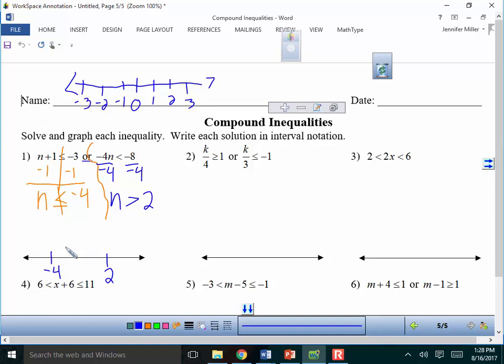Now, on -4, is this going to be an open circle or a closed circle? Closed, okay? And how do you know it's closed? Right, it says n is less than or equal to, so it's going to be closed. And which way are we throwing shade? To the left, right? Very good, because those numbers are smaller.